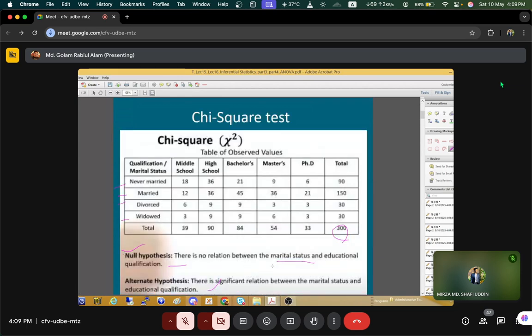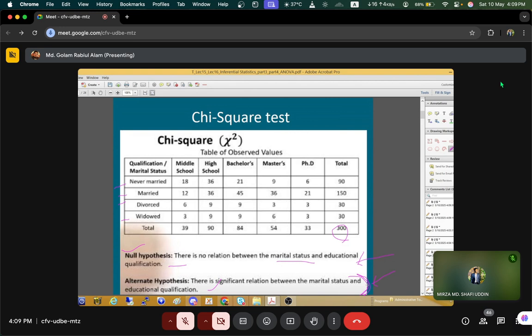Rejecting the null hypothesis means we have to reject the statement that there is no relation between marital status and education qualification. It means we have to accept the alternate hypothesis: there is a significant relation between marital status and educational qualification. So this is the true fact, and we have to accept it.